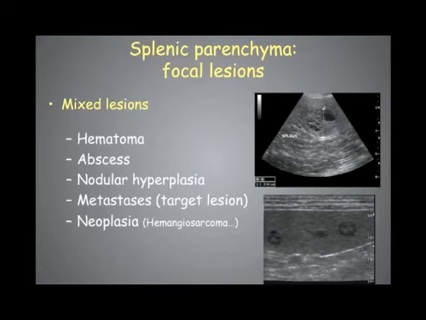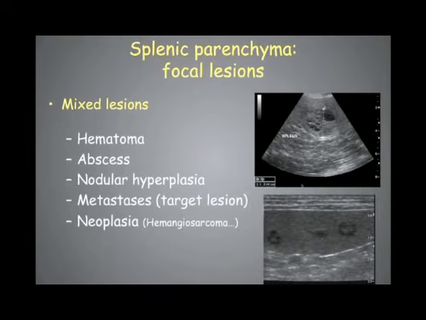But of course, those mixed lesions can also represent neoplasia, and when we have cavitated lesions like we can see here, it's often what we see with hemangiosarcoma, so it can be suspicious of hemangiosarcoma. Of course then it's difficult to differentiate between a hematoma and a hemangiosarcoma in those cases.